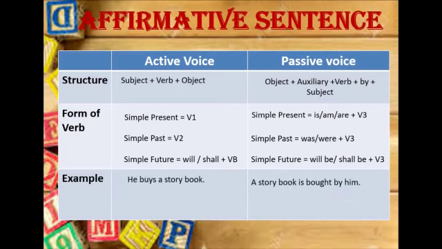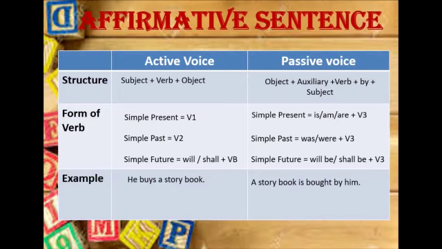Let's see some examples. This is the example of simple present tense. He buys a storybook. So he is the subject, buys is the first form of verb, and a storybook is the object. First of all, we'll just change the places of object and subject. Object will come at the start, a storybook, and subject will go at the end, and we have to put by before this.